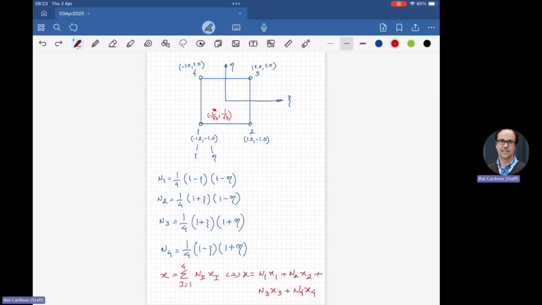Now, why do we call this an isoparametric element? Because we can interpolate. So basically, what I'm doing here is an interpolation, right?